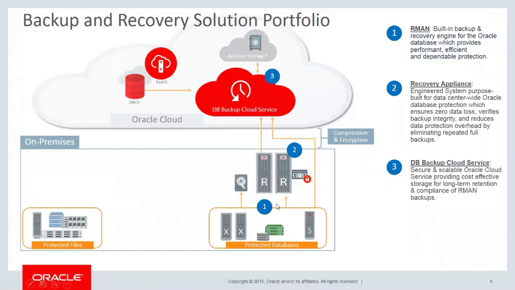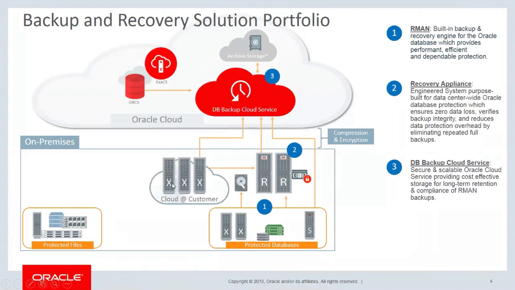So you can do your incremental forever to the Recovery Appliance and periodically move or copy those backups from the Recovery Appliance to the cloud storage. By cloud storage, I mean generic standard object storage and also archive storage. We'll go into more details on this later, and the difference between the two options.